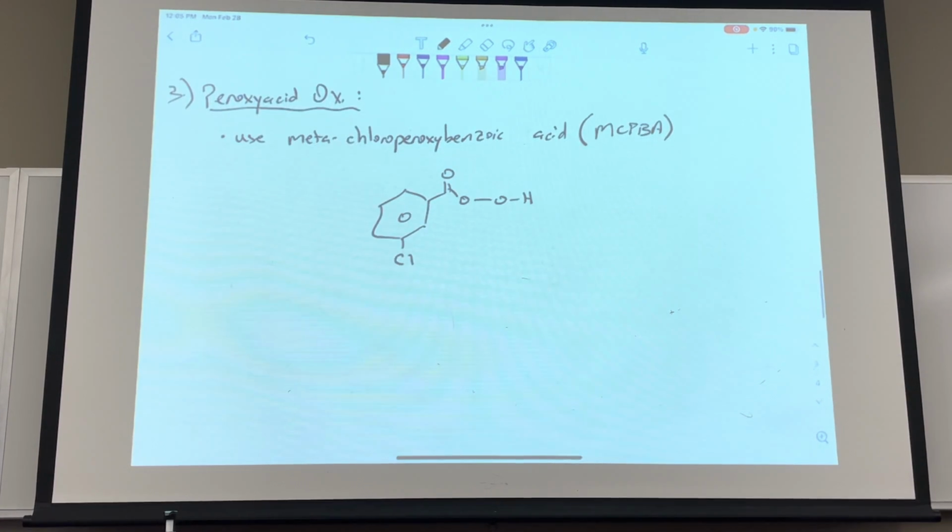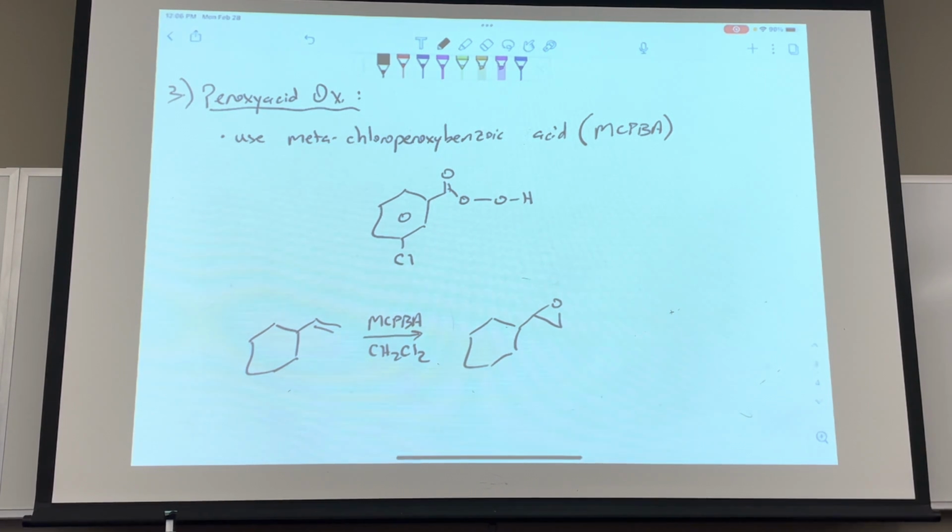In order to use this, again, we're going to start with the alkene. It's very simple. You just take MCPBA, usually use dichloromethane as solvent, and after a few minutes, out pops the epoxide.